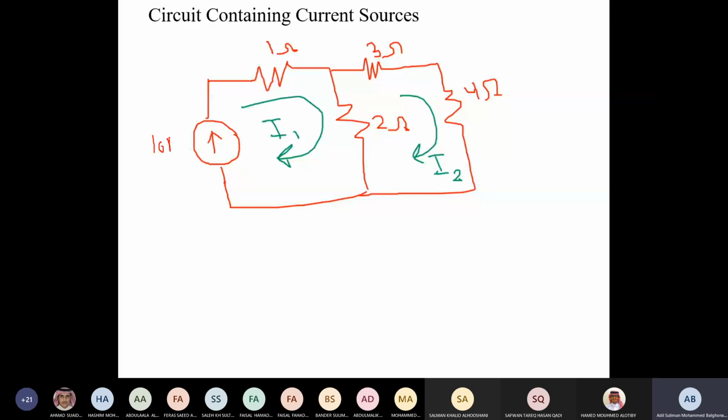Of course the current entering over here is I1, so it's going to equal 1 times I1.